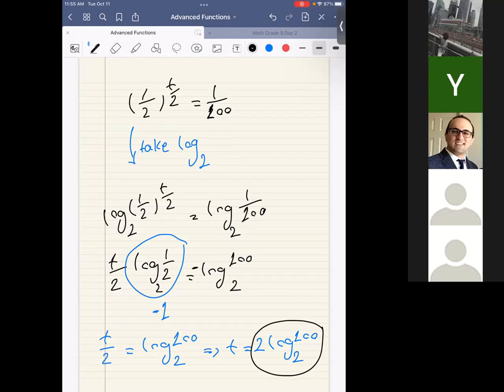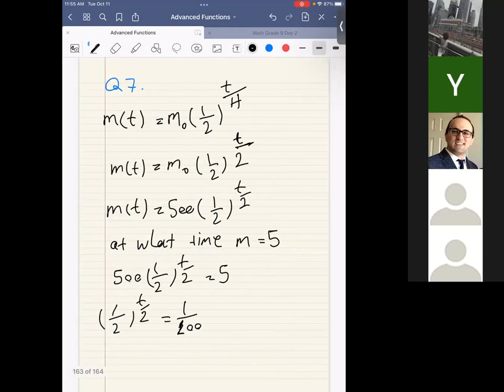So this number is something between 6 and 7. So 2 times this is something around 12 or 14. So after 14, for example, after 14 years, the mass reduces to 5 milligrams from 500 milligrams.